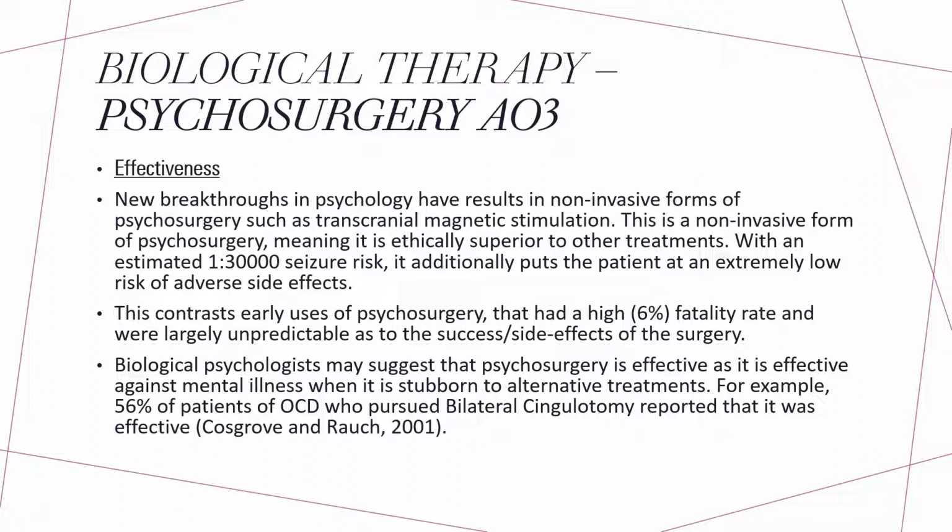So biological psychologists may suggest that psychosurgery is effective, as it is effective against mental illness when it is stubborn to alternative treatments. For example, 56% of patients of OCD who pursued bilateral cingulotomy reported that it was effective. So this is through Cosgrove and Rauch, 2001.